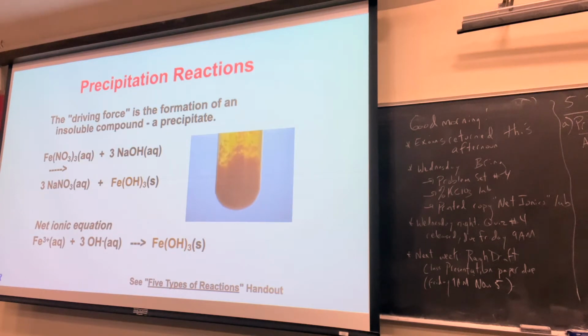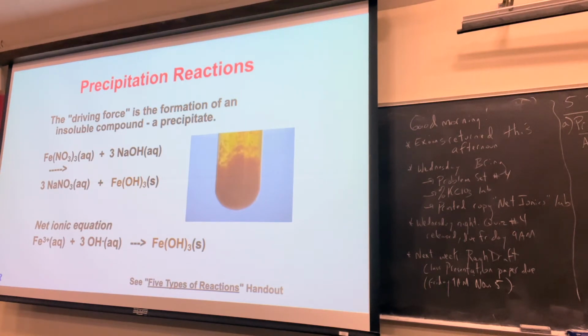So in this example over here, the iron is like A, I guess, and the nitrate is X, and iron is pushing B sodium out, so iron starts dancing with hydroxide Y, and it makes a solid, all right? The FeOH3 is a solid in this case, and the other one, the BX, is just aqueous.